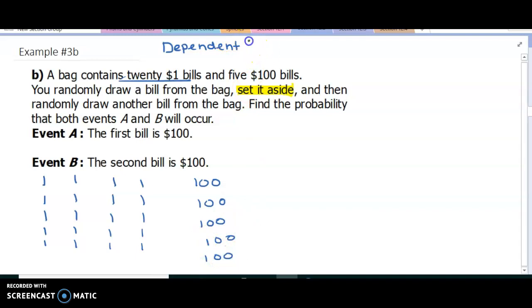Okay, so because it's dependent, we're going to use the probability of A and B. That's going to equal the probability of A times the probability of B given A. Okay, so the probability of B, knowing that A already happened.